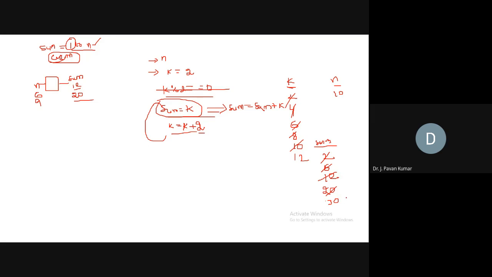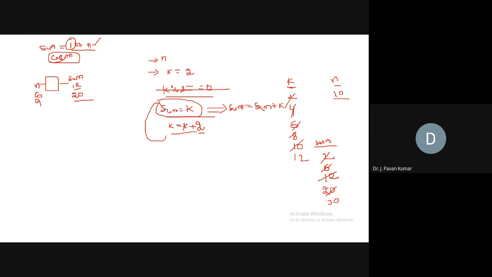What will be the sum? 42. No. Why? Because what is the question? From 1 to n, whatever even numbers we have, those only we have to add.